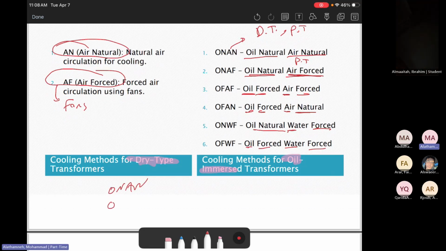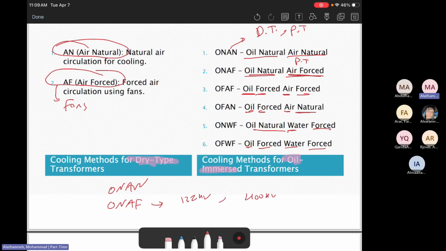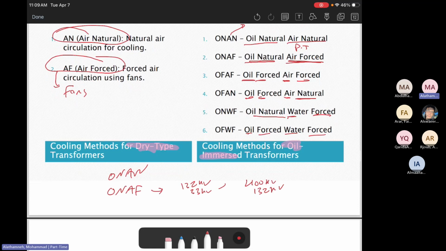While we have ONAF that exists in some 132 kilovolt transformers, and at 400 kilovolt levels, like 132 to 33, or 400 kilovolts to 132 kilovolts. The other thing in Jordan as well, there is ONWF.